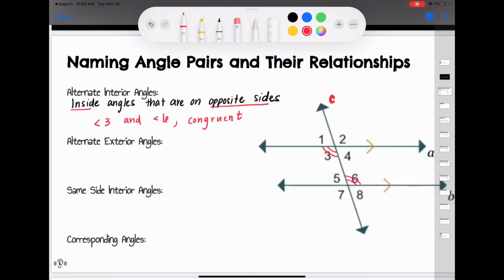Let's look at alternate exterior angles. Alternate exterior angles are outside angles that are on opposite sides.